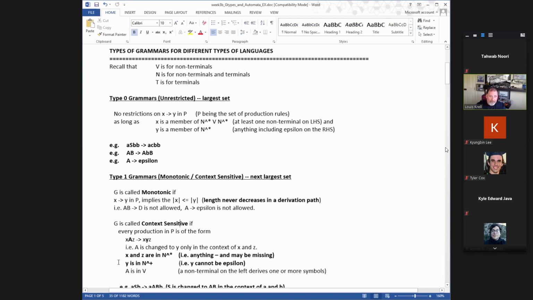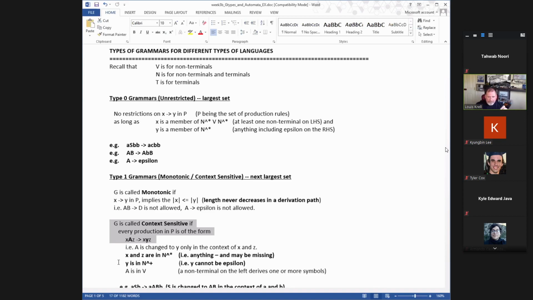It's considered context sensitive if every production in P, where P being that set of production rules, is in the form where you have, in this case, XAZ going to XYZ. What that's telling us is that the A is being changed to a Y as it relates to having an X before the A and a Z after the A.